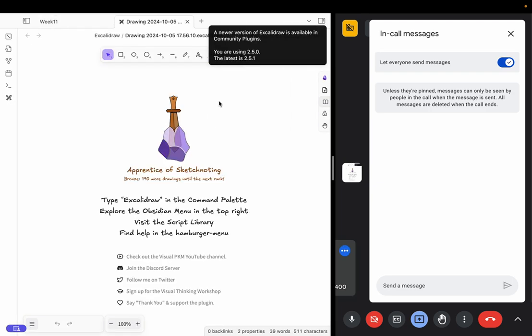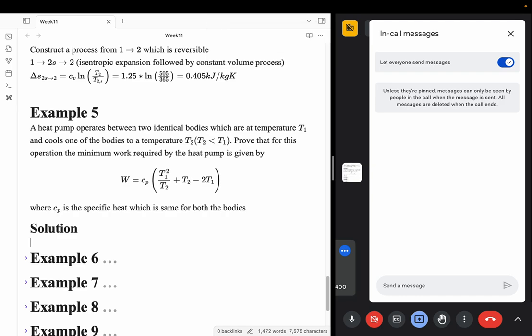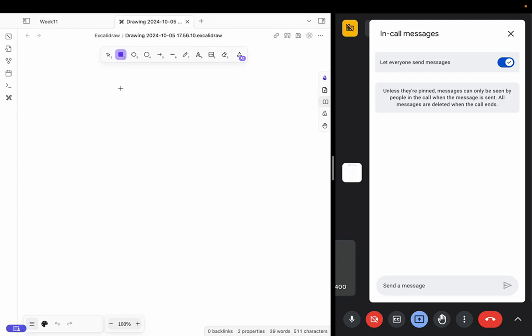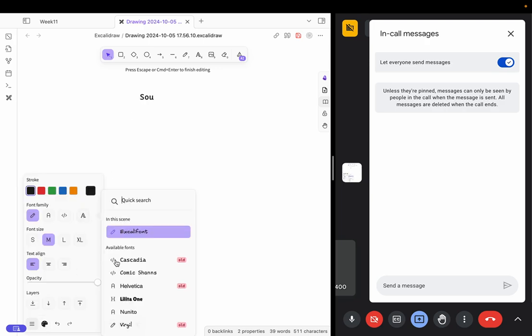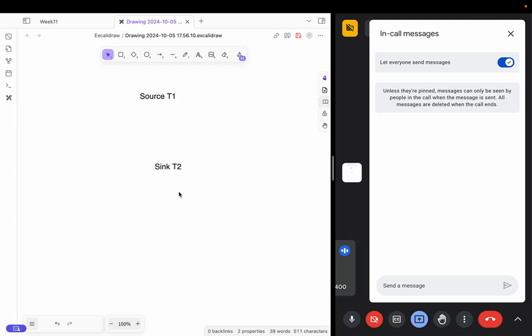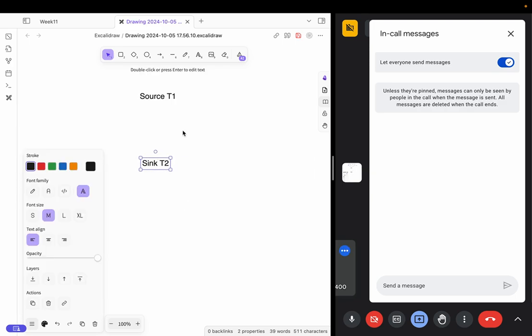So again, as usual, basically you have a source which is at temperature T1, and then you have a sink that is at temperature T2, heat pump operation, just like what we have done maybe a couple of weeks before.